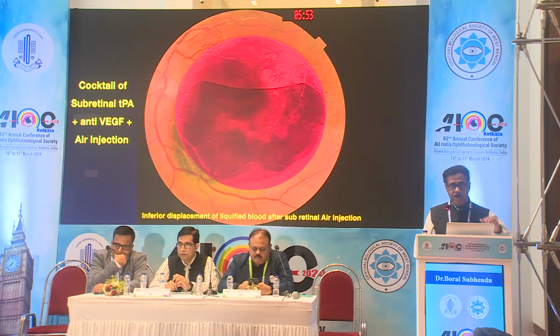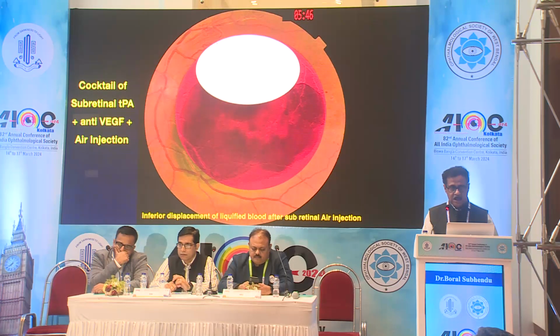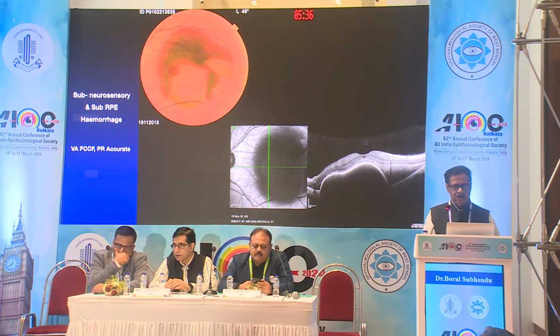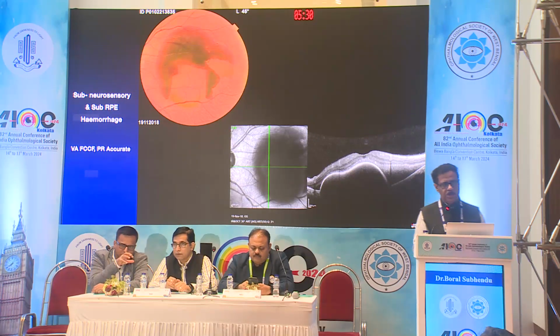Due to gravity, the RBCs will settle down, and if you give subretinal air, the air will displace this lysed blood inferiorly. This is the logic of giving the subretinal cocktail, and anti-VEGF obviously acts directly on the CNVM, where the target tissue is.